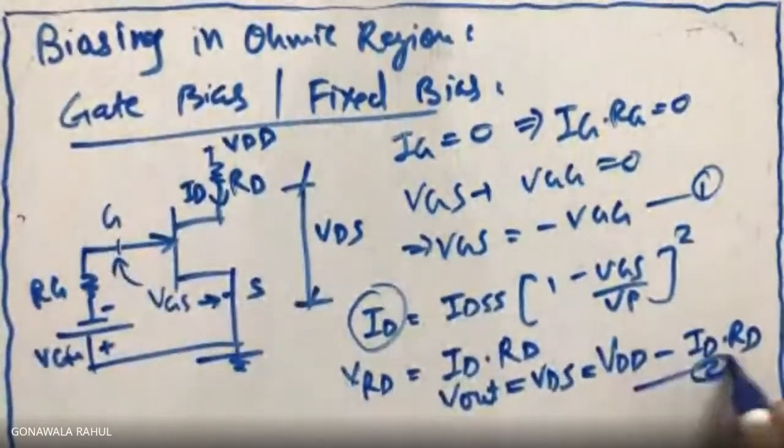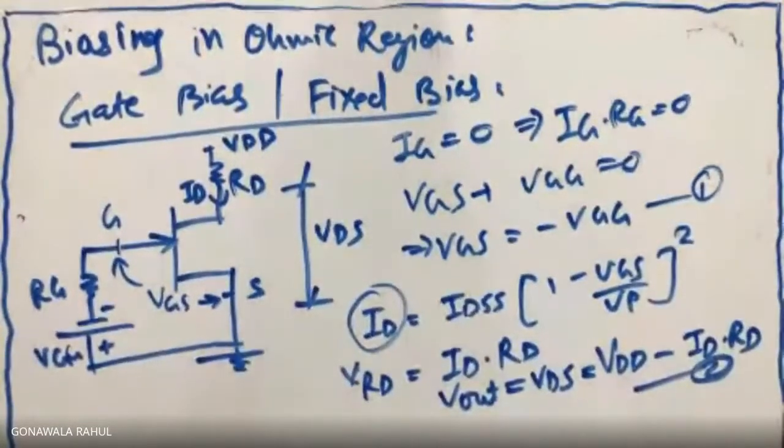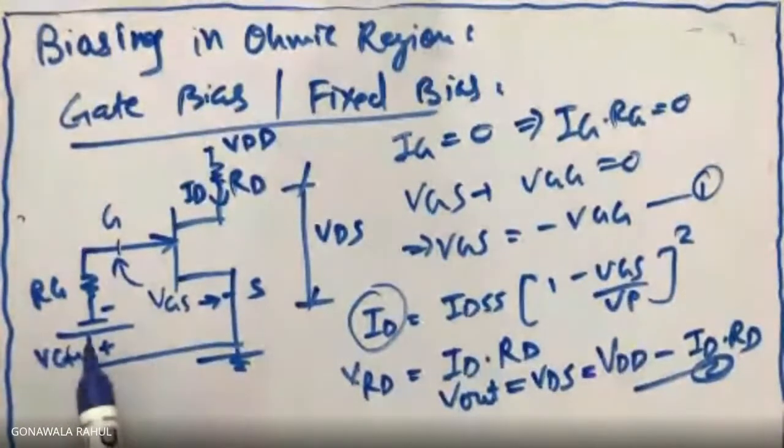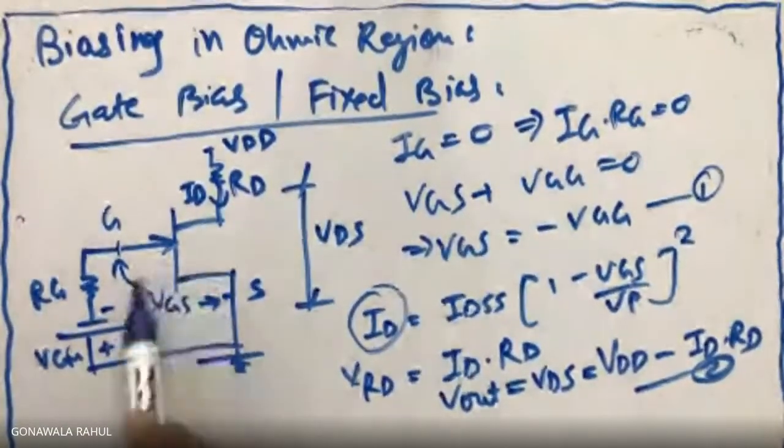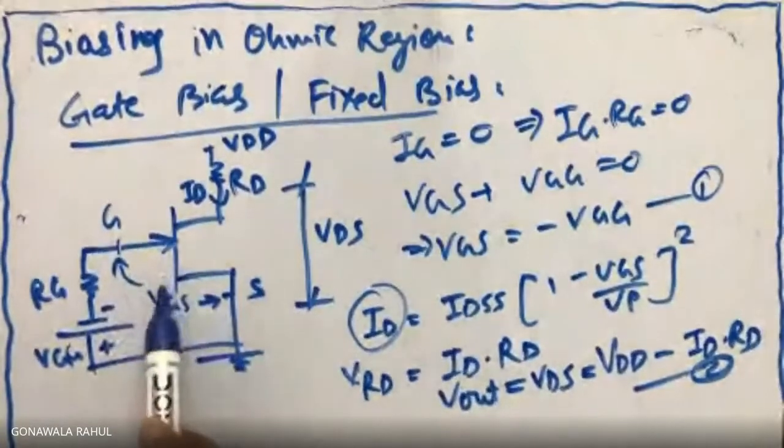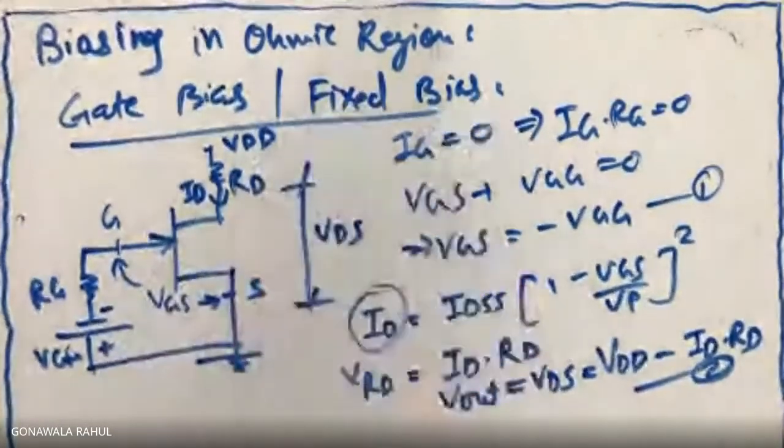Put this as equation number 2. Now see here, since VGG is fixed, VGS is also fixed, hence this circuit is also known as a fixed bias circuit.